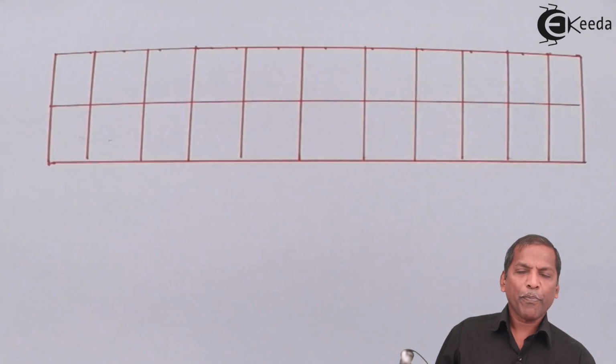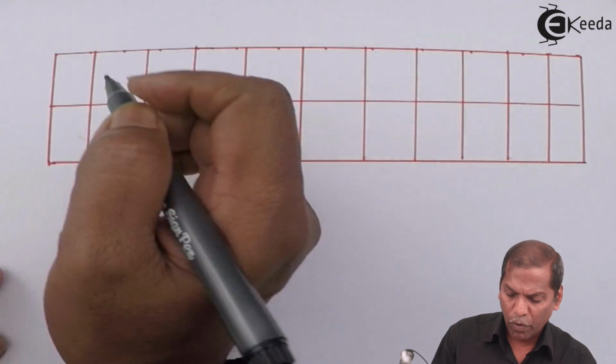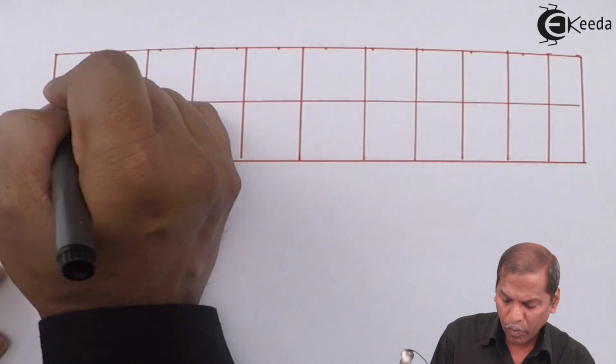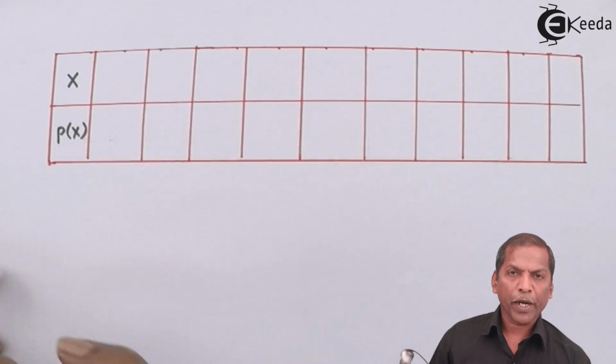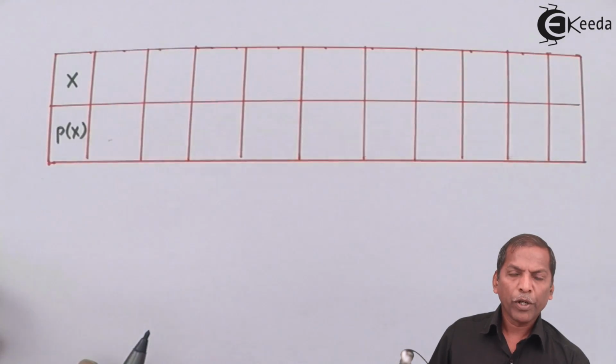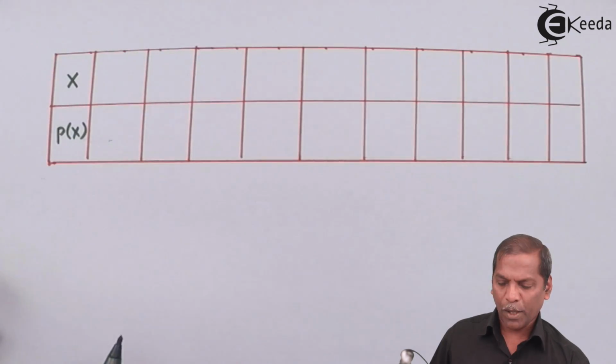So here we prepare a table. In the first block we write x, and in the second we write P(x), which represents the probability of the random variable x.